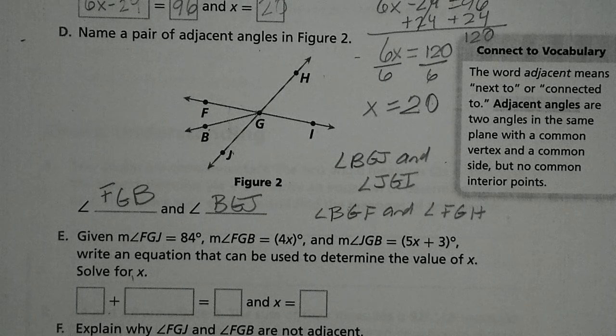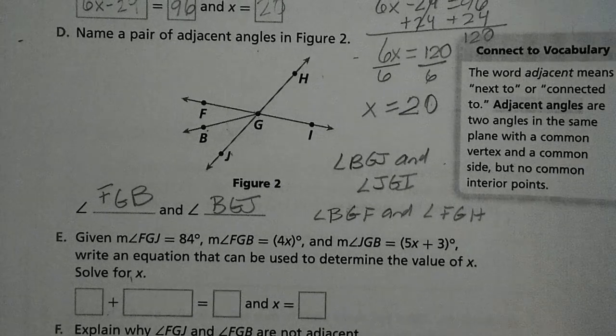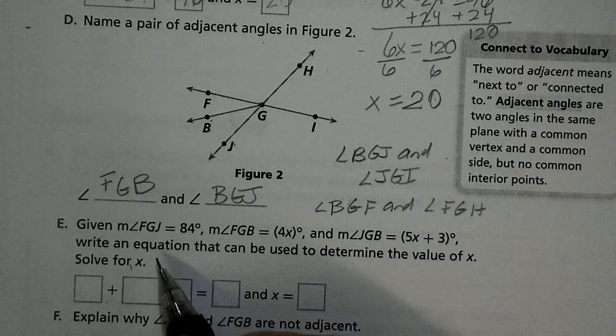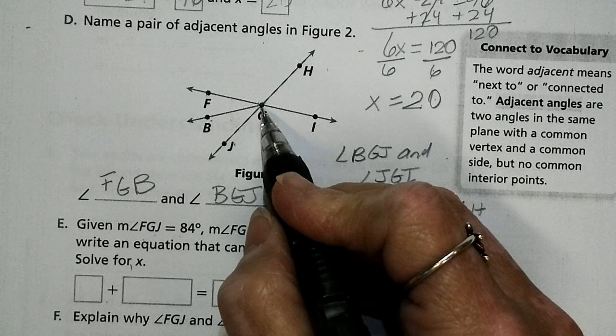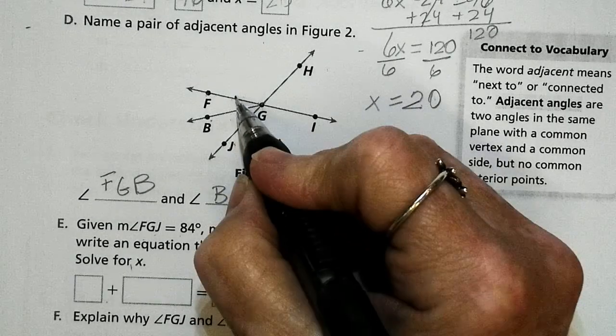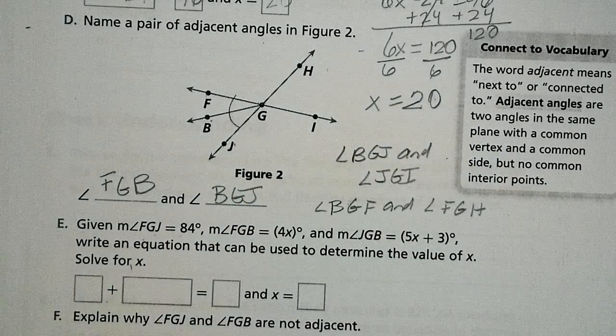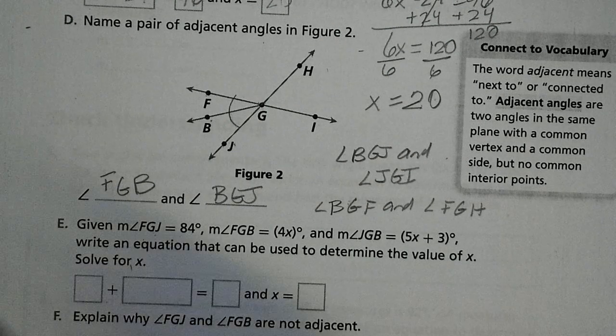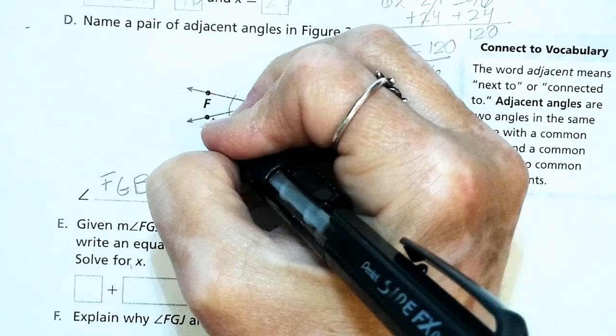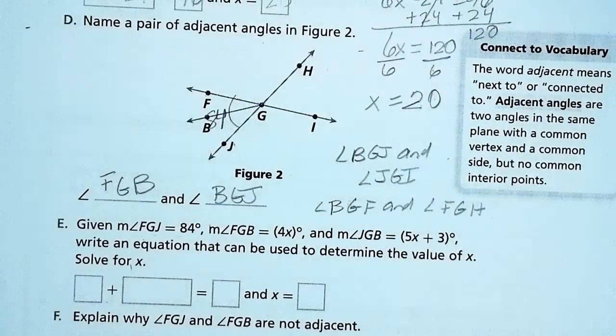Okay? All right, so let's look at E. E says that FGJ, that's the entire angle. So the whole angle is 84.